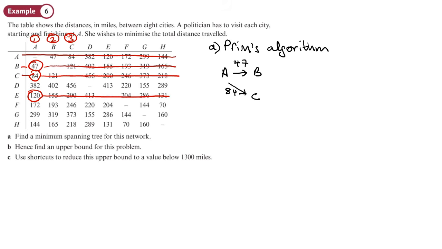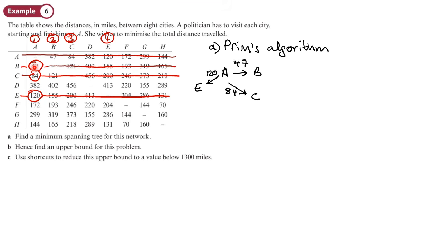So now we're going from A to E, so I'll put 120 there, and E. So I label column E4, and I've crossed out row E.